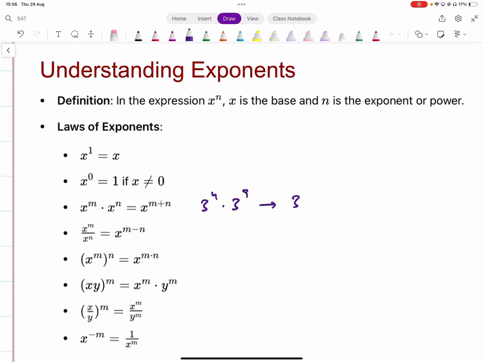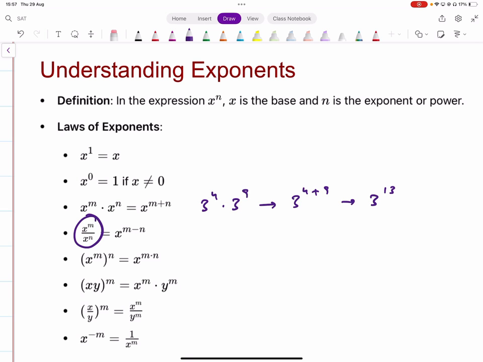If you have a product in which the bases are the same and the powers are different, what happens to the powers? They get added. You get 3 raised to power 4 plus 9, and that's 3 raised to power 13. When bases are the same and there's a product, powers get added.